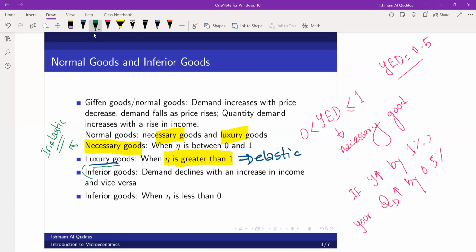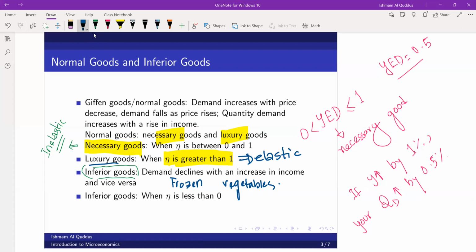This is an interesting concept, the inferior goods. Inferior goods are those goods for which, if there is an increase in income, the demand for that good will actually decrease. The quantity demanded actually falls if there is an increase in income. An example could be frozen vegetables, because imagine that now you have more money in your hand, you got a salary raise and all.